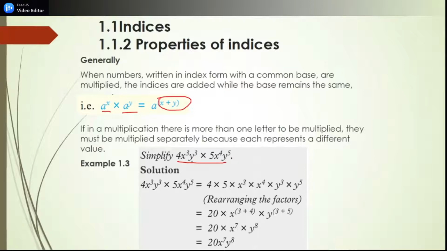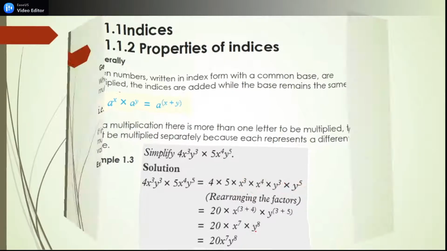The numbers 4 and 5 are written on one side. As you see, x is in one group and y in one group. Finally, we add the powers because we have the same base x. Also here we add the powers because we have the same base. The result is 20x power 7 times y power 8.